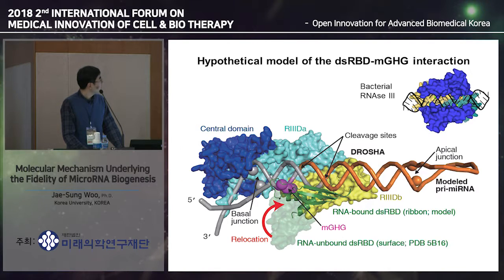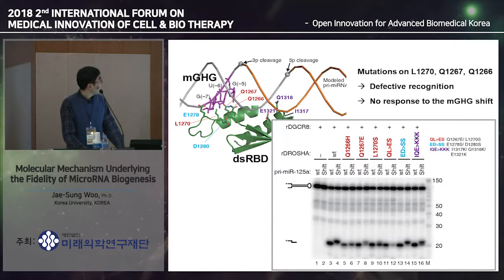We also modeled the recognition based on the structure of a bacterial RNase III protein, and we performed the mutational study and found that mutations on these sequences show defective recognition, so they didn't respond to the MGHG motif movement.